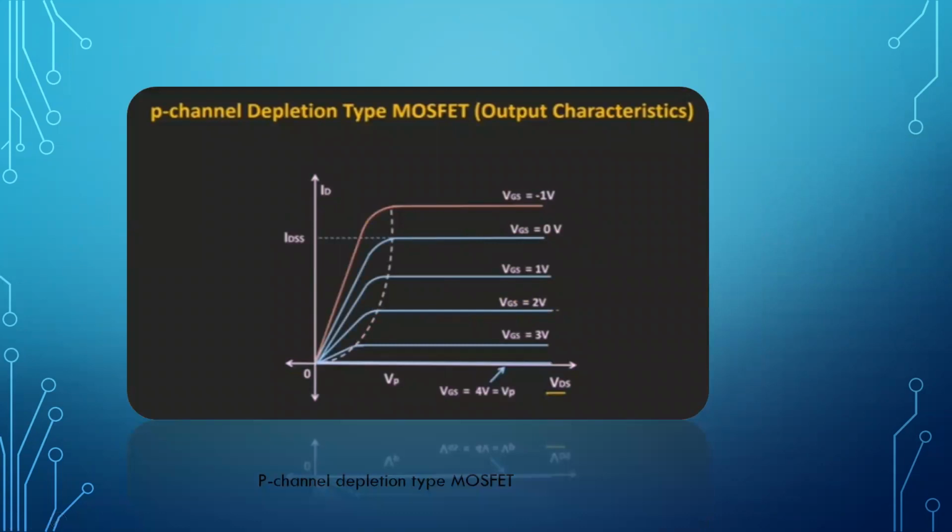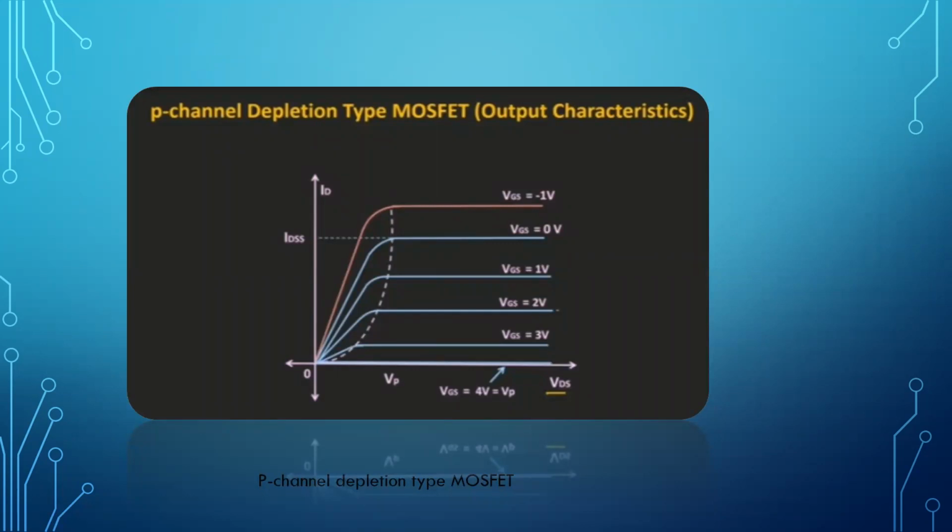Now we can see the P-channel depletion type MOSFET. The graph is between drain to source voltage VDS and drain current ID, but here VDS is negative and VGS is positive.